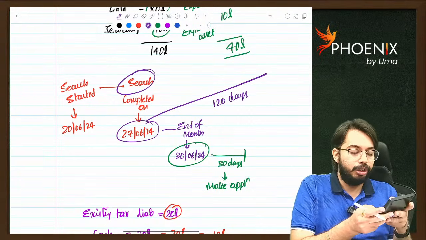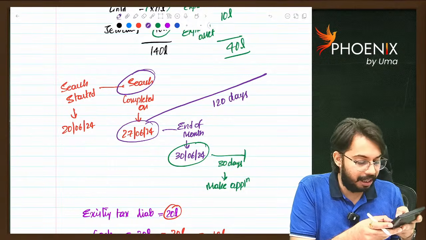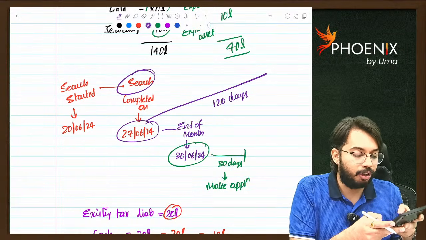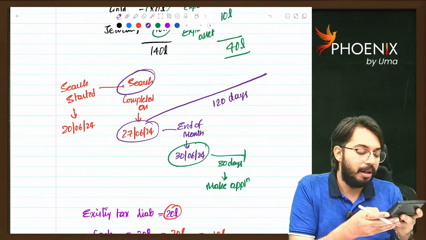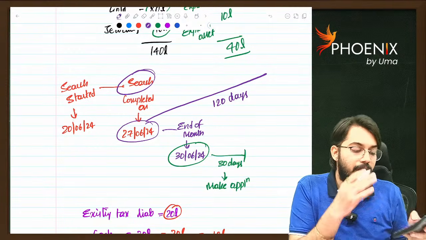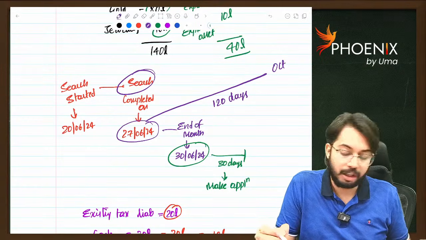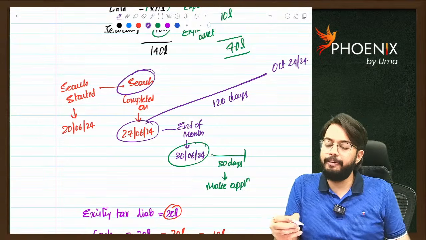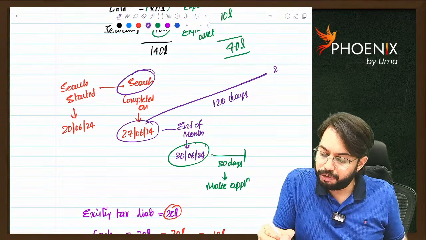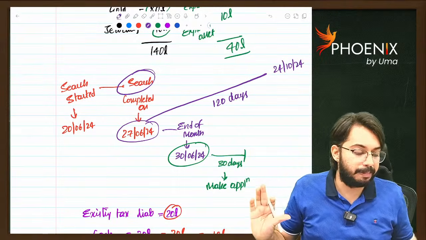That means June 3 days, July 31 days, August 31 days, September 30 days, October 31. October 31 means total 126 days minus 6 days. So October 24, 2024. So on or before 24th October 2024, department will give back explained assets to me.